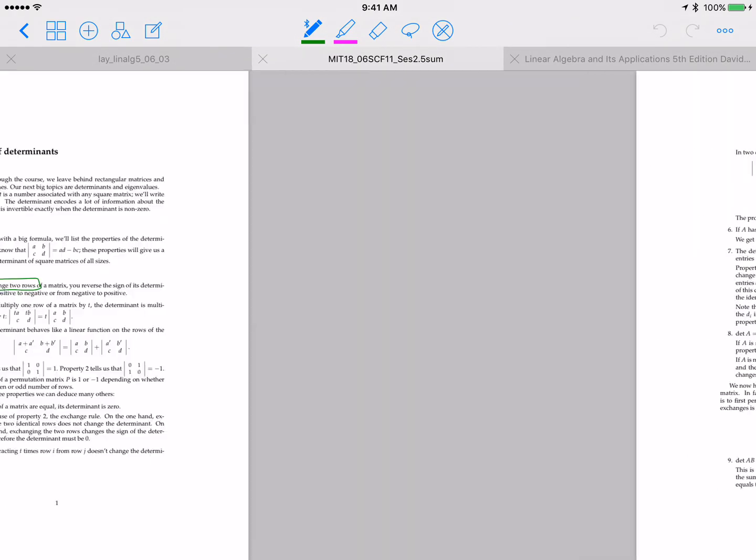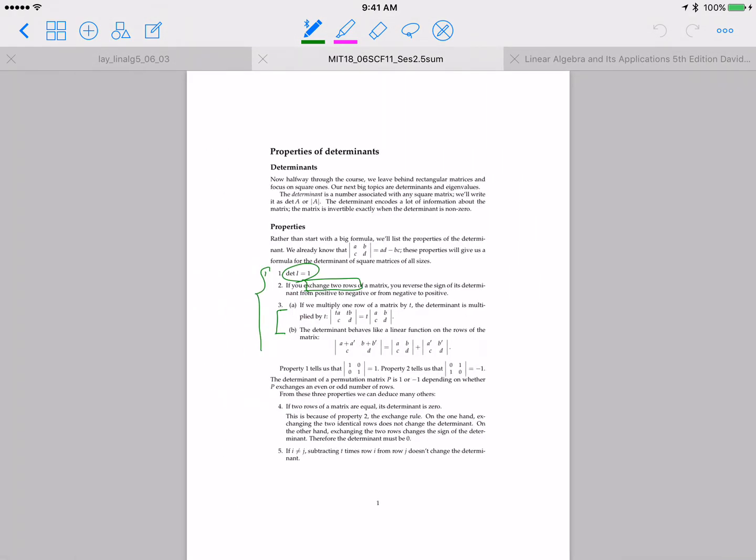Starting from these three. And then, let me ask a question related to the student's question. Which one was not proved in this lecture? Which one was not proved?